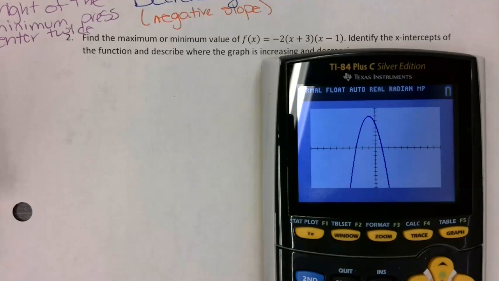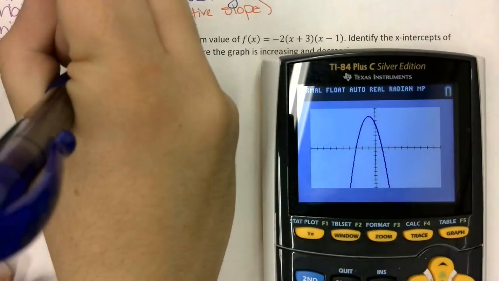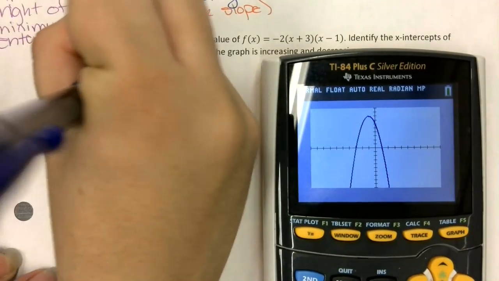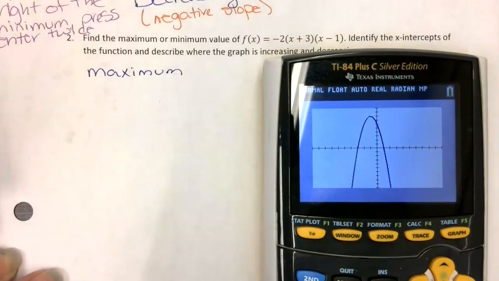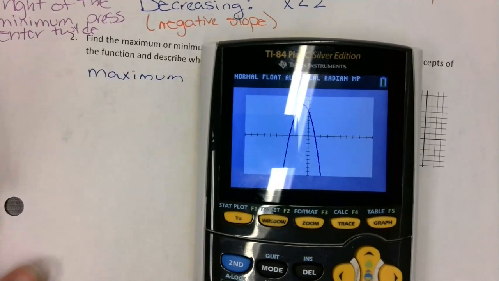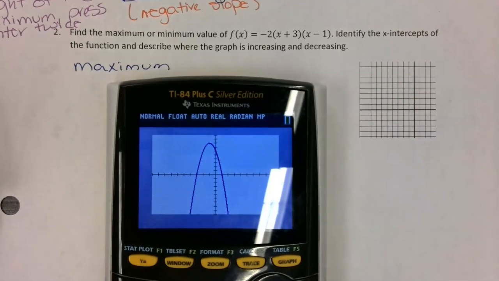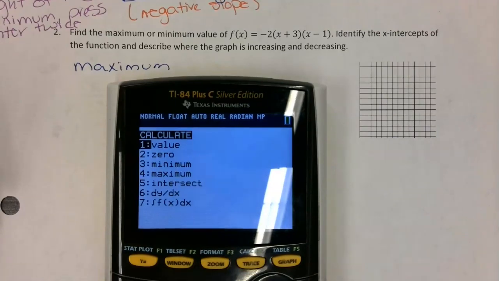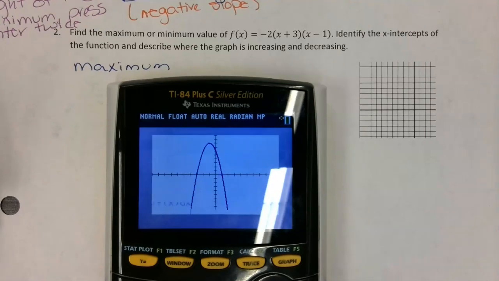Maximum, because it's a high point, like on a mountain. So then I'm going to go through the same steps I did on number 1. I'm going to go second, trace, and it takes me to this screen. Instead of picking number 3, I should pick 4.